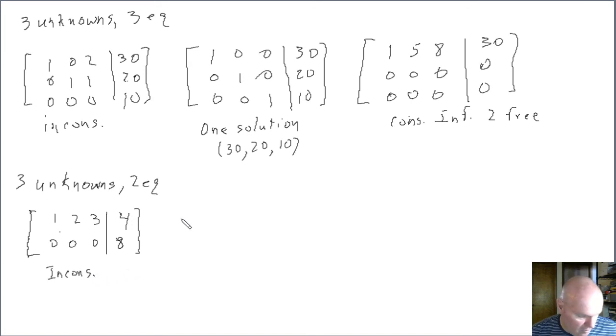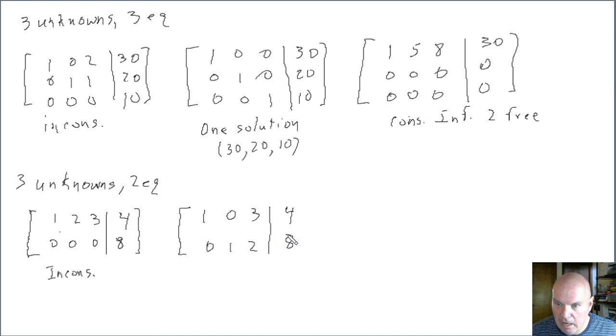No solution. Okay, I might end up with something like this: 1, 0, 3, 0, 1, 2, 4, and 8. Notice this is in reduced row echelon form. Here, this is consistent with infinitely many solutions. And I have 1 free variable.